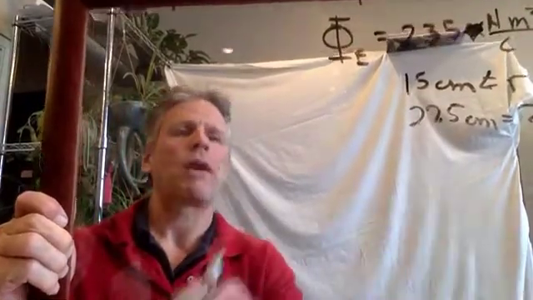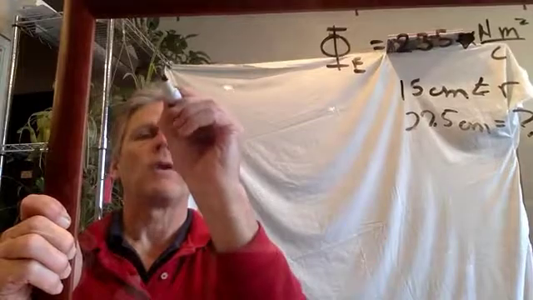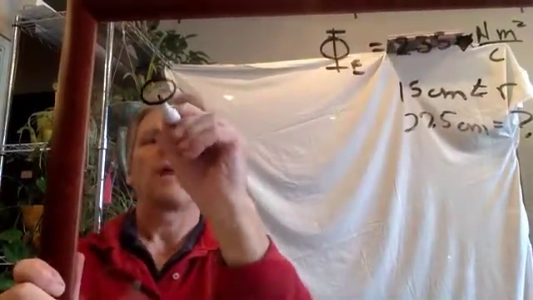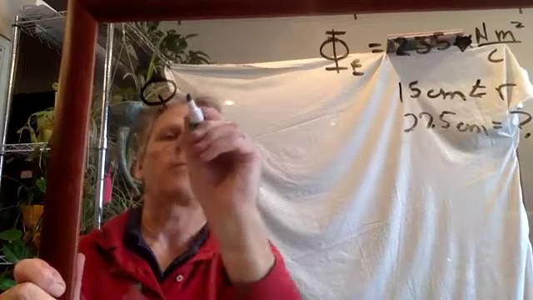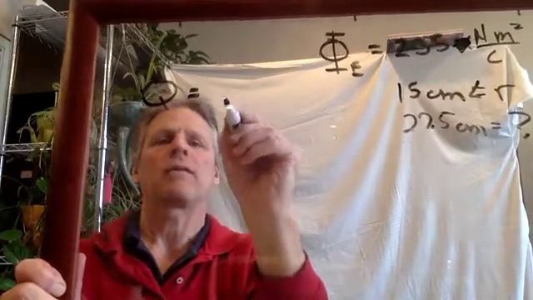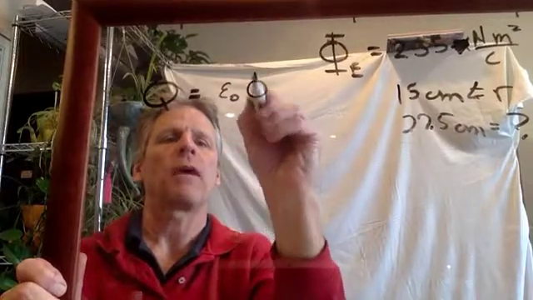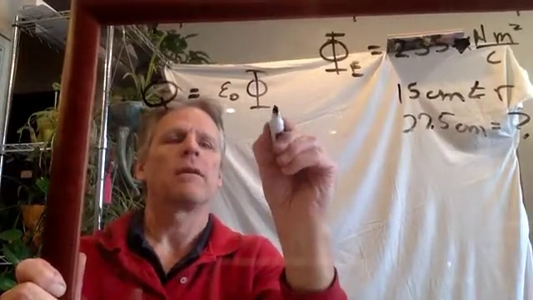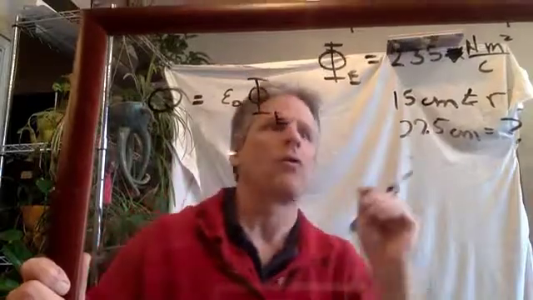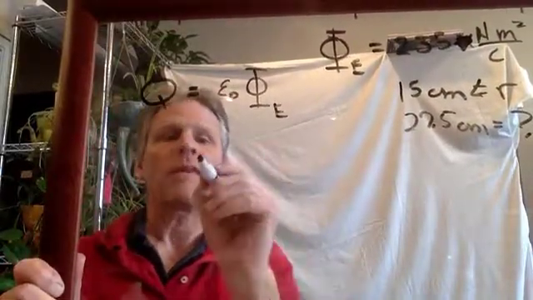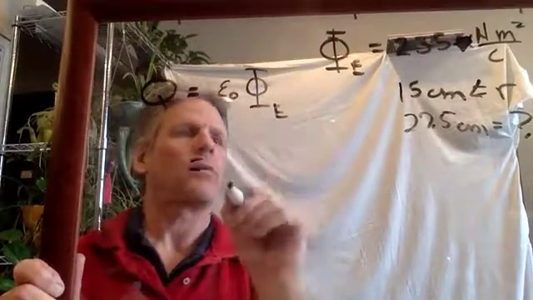well, I'll write out one more thing. We want to find the charge, and we know that the charge over epsilon 0 equals the total flux, so if we multiply the flux by epsilon 0, we'll get to that. So that's it. We're done. All we need to do is put our numbers in.